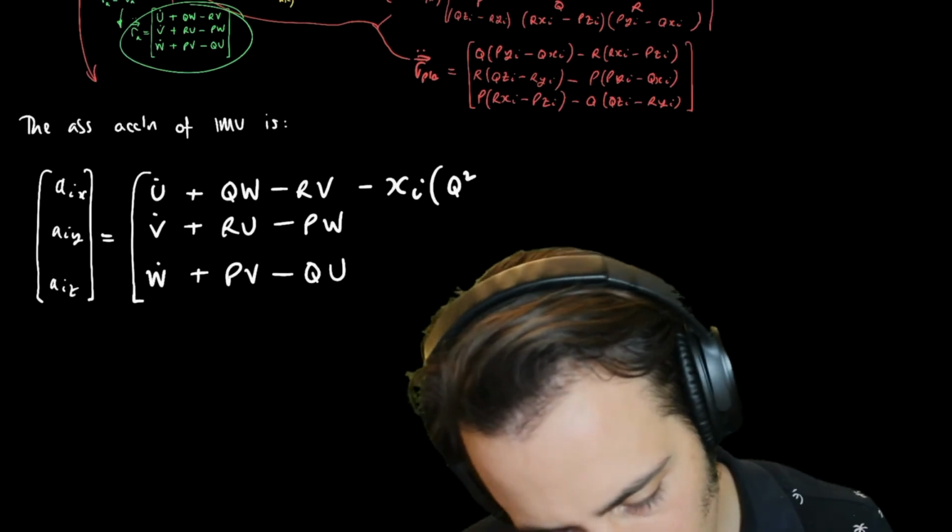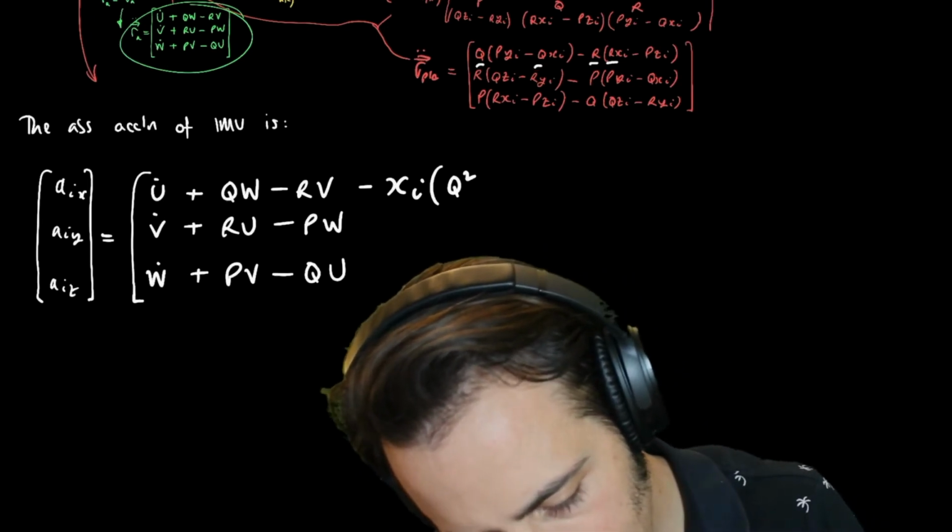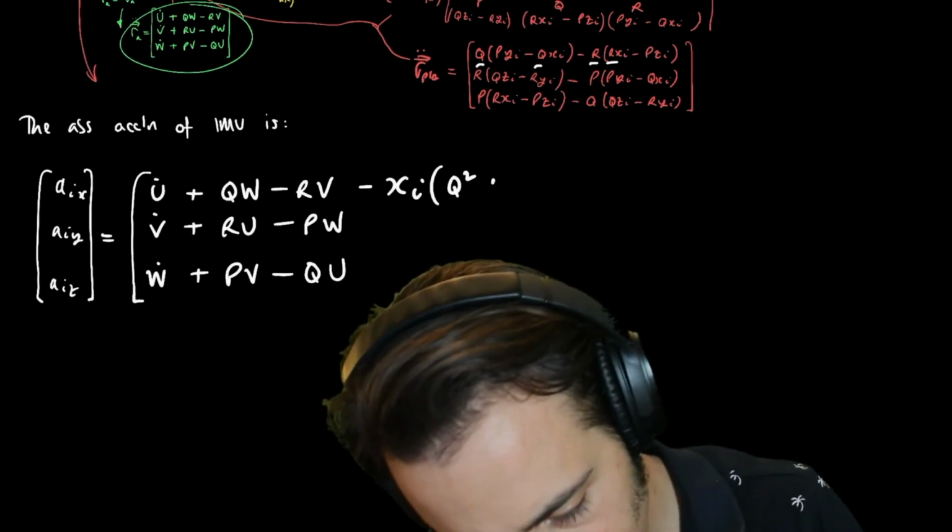Just collecting the squared terms here, so I've got a q squared x and I've got r squared x here, and they're both negative.